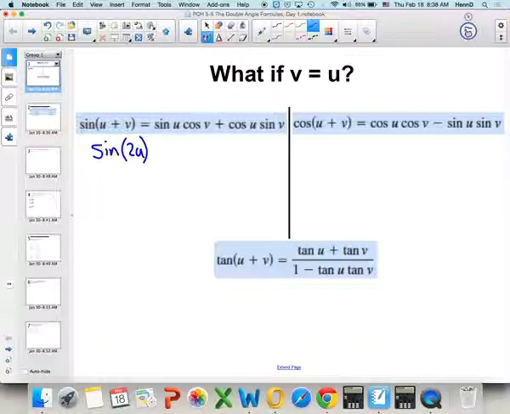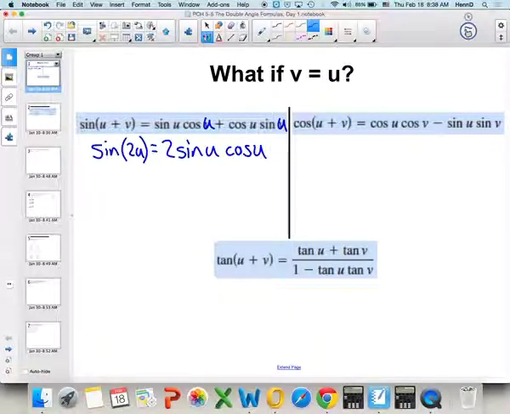You plug in a u here and a u here, and you recognize those are the same, right? So you got 2 sine u cosine u.